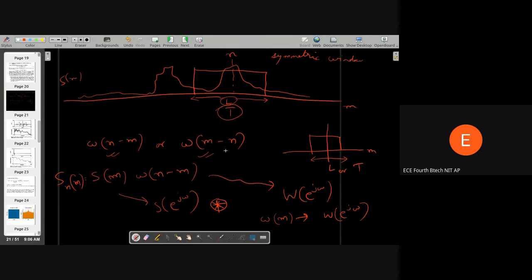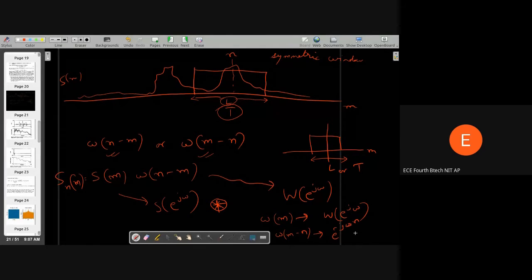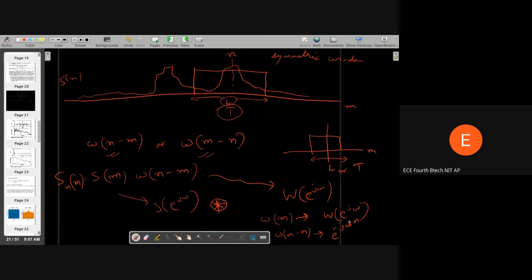So let's take this, it's easier to understand. w[m minus n] will be e to the power minus j omega n times W(e^jω). For a particular frame, e to the power minus j omega n is a constant: if you keep the frequency constant and evaluate for a particular frequency, n is the center of the frame, so it's basically a constant.